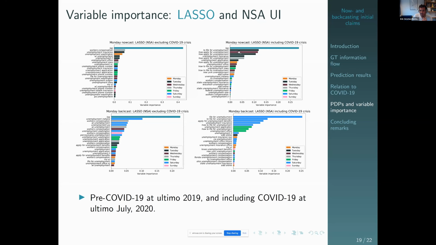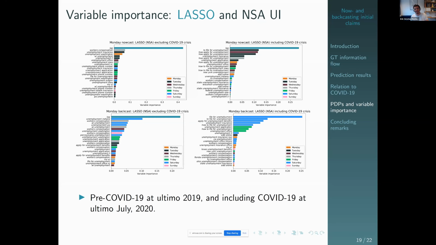So the lag is still important for Monday, but remember, the Monday Nowcast is the only model where there is no overlap with the data from Google. So basically, the data that we use in this model is from the week before. As soon as there starts to be some data that pertains to the week that you are nowcasting, even if it's one day, then the variable importance for the lag disappears.